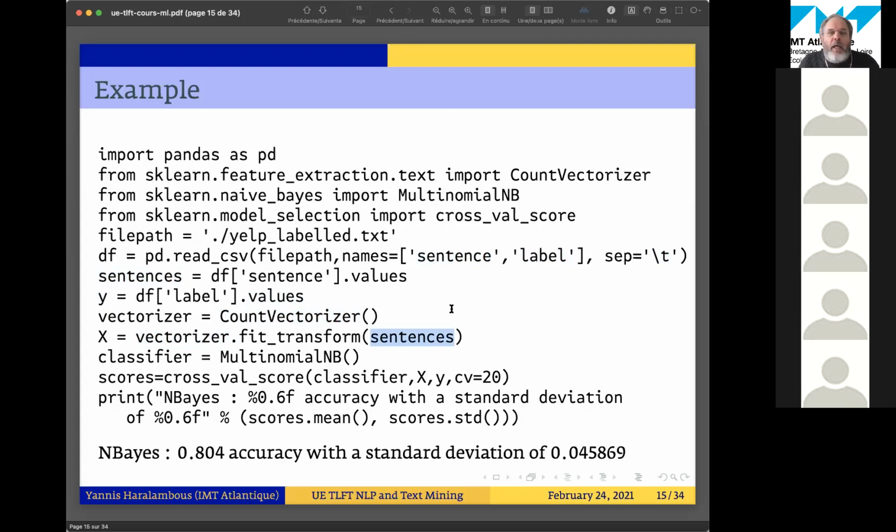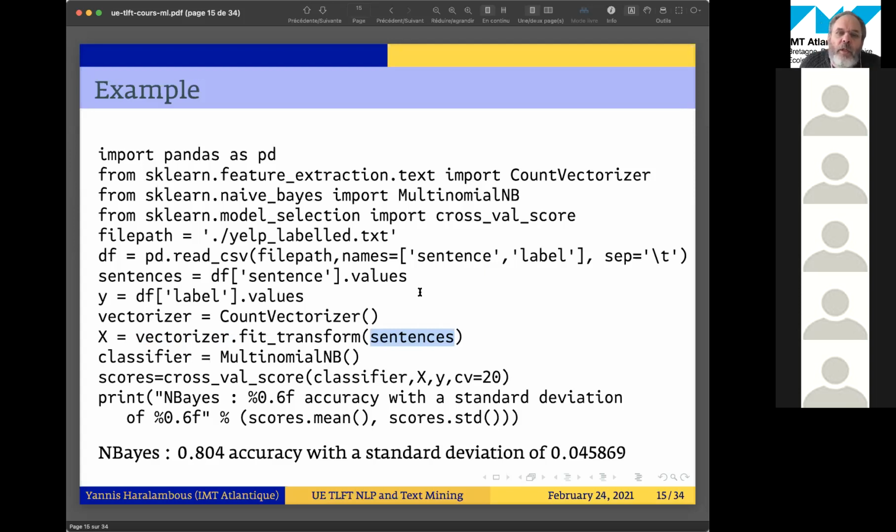So it creates the bag of words. It takes words and creates the vocabulary. The vocabulary gives a vector, and for each sentence, this vector will contain the frequencies of words in the sentence.